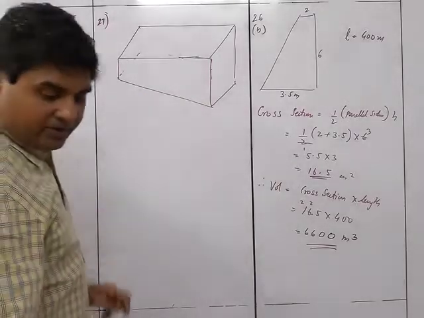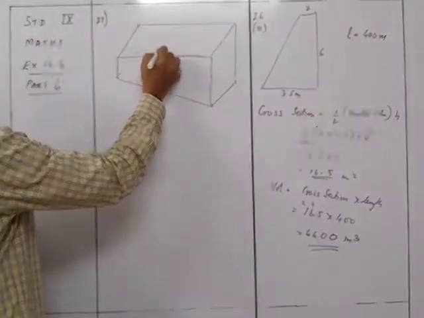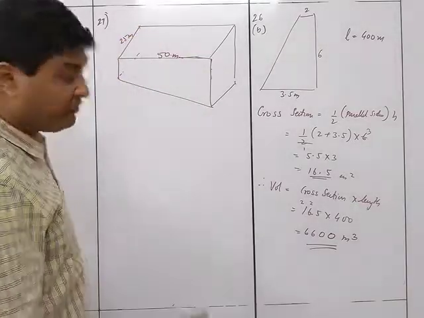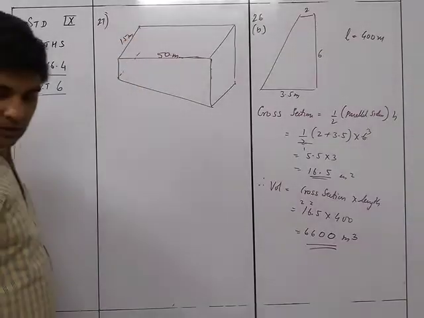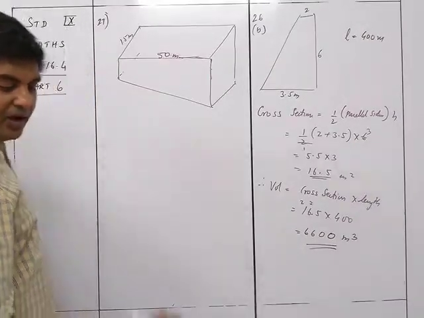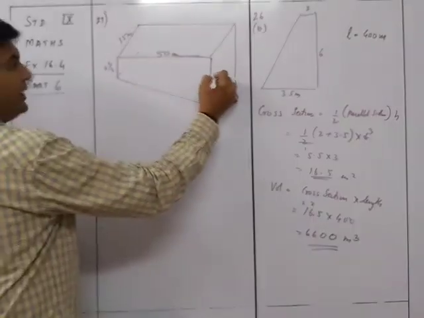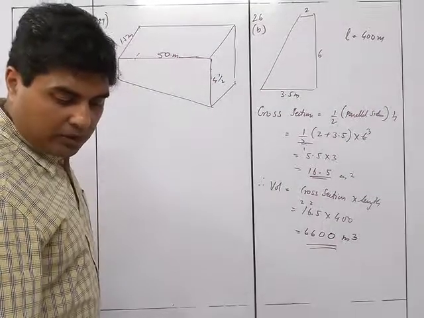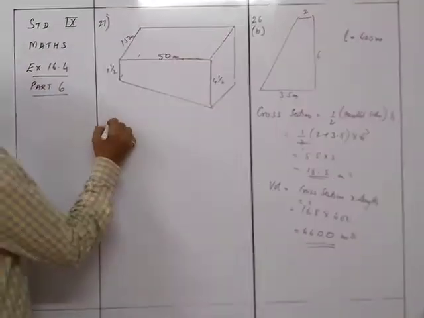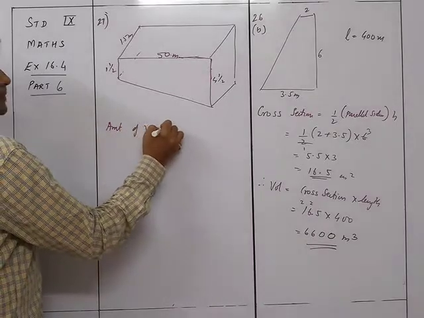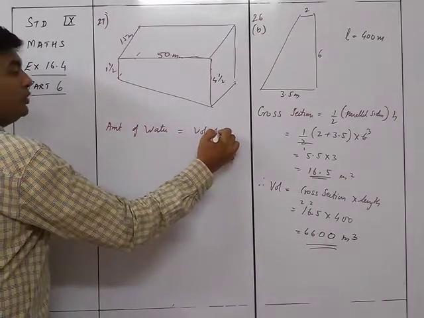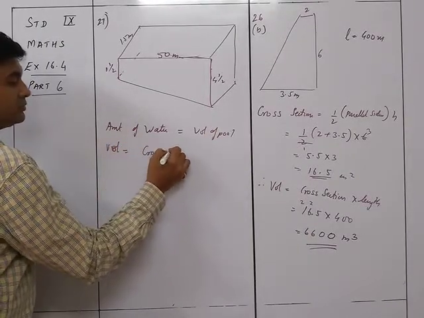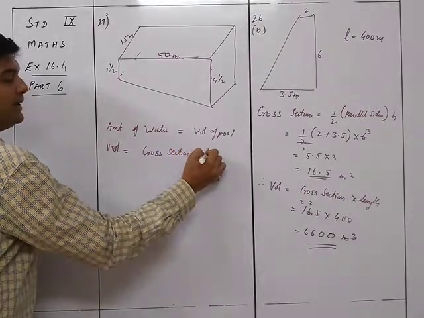So what are the data given to you? That a swimming pool is 50 meters long. So this is 50. It is 25 meters wide. Sorry, 15 meters wide. The shallow and the deep end are 1.5 meter. This is 1.5 and this is 4.5. We need to find out the amount of water which is filling. So amount of water is equal to volume of pool. Volume is equal to cross section into breadth.